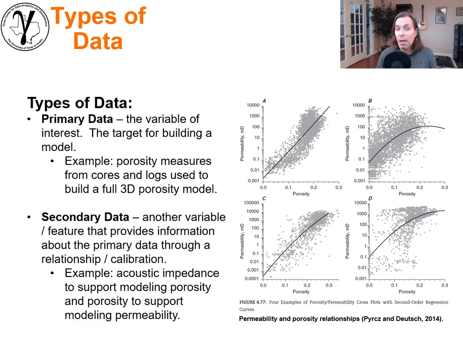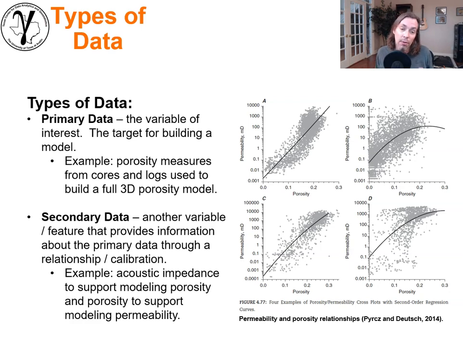Now, in that case, I might be using a covariate, and we'll talk more about using secondary information, such as seismic acoustic impedance, which is exhaustively available everywhere at a different scale, and we're using it to support the estimate of porosity away from the well locations. Acoustic impedance in that case is secondary data. Porosity is the primary data, and we're working with a form of multivariate spatial estimation or simulation.